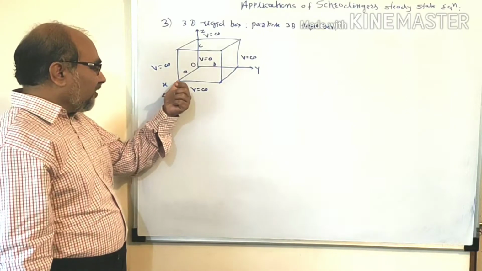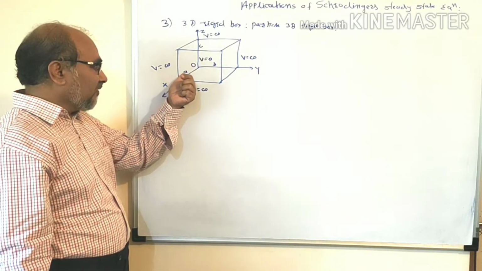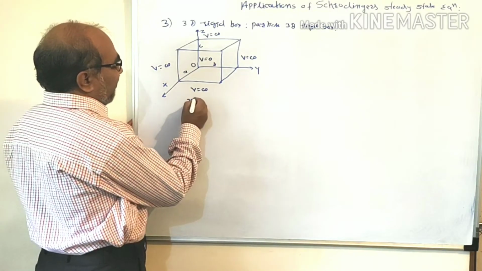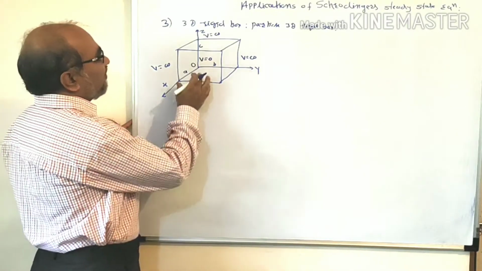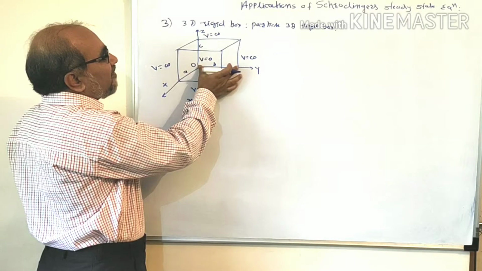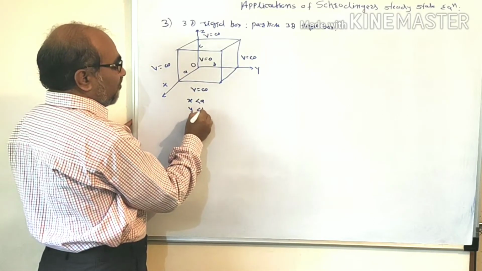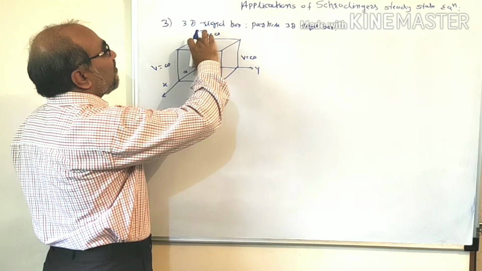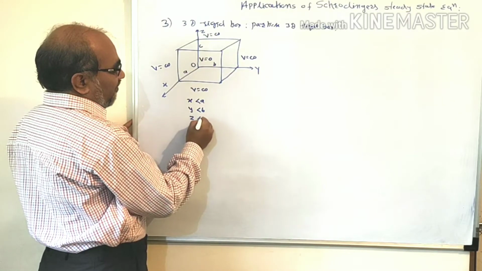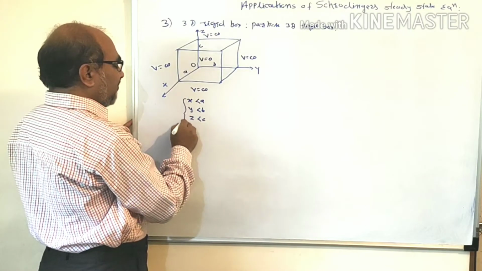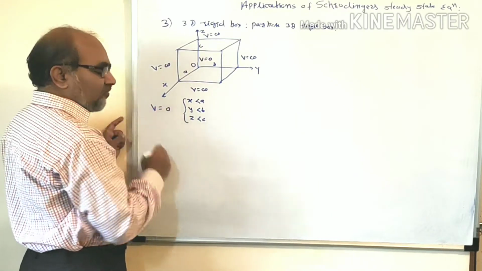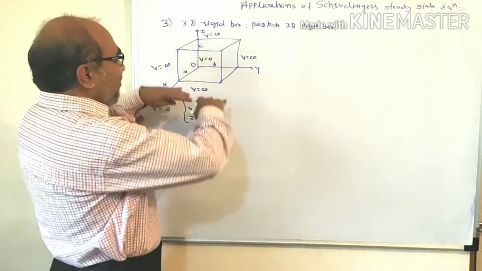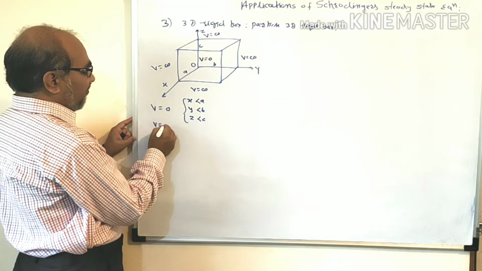Within the box, x is smaller than A, y is smaller than B, and z is smaller than C. Then the potential V is equal to 0.